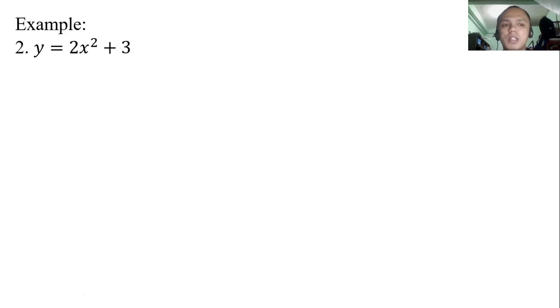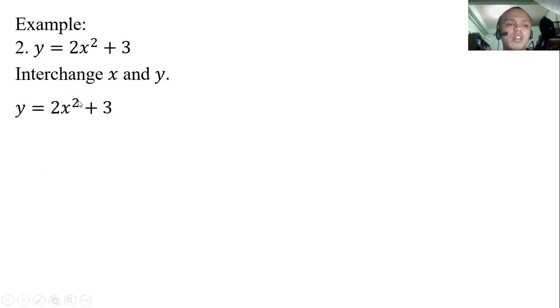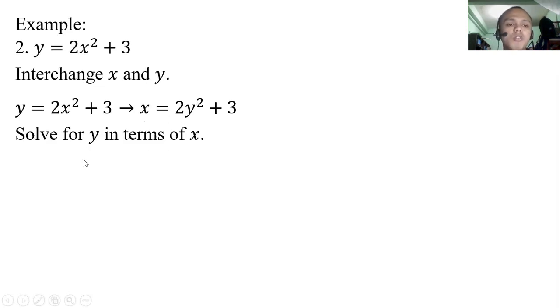Now, punta naman tayo sa mismong function ng y equal to 2x squared plus 3. So anong magiging inverse niya? Again, we will interchange y and x. So yung x mo magiging y and then yung y magiging x. So we have here x equal to 2y squared plus 3 na. And then solve for y in terms of x. So transpose 2y squared to the other side, magiging negative 2y squared.